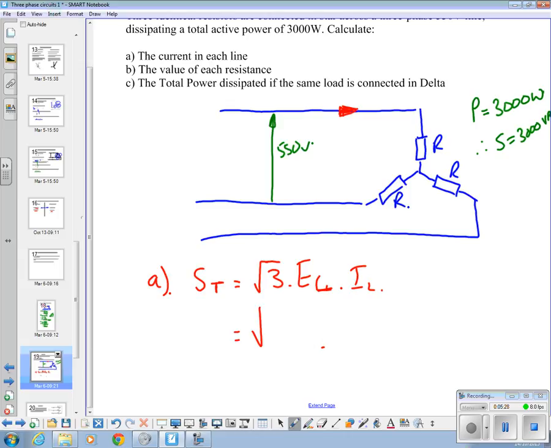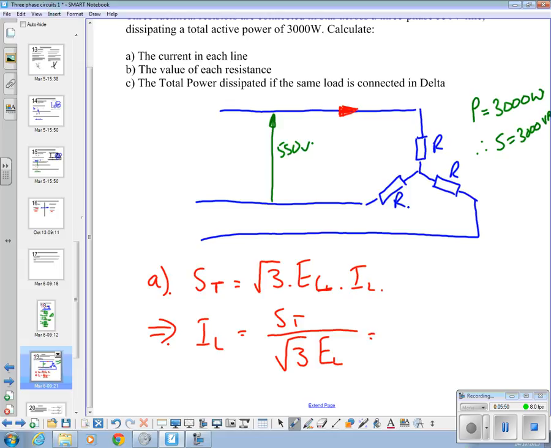Which is root 3 times 550. Oh, hang on, we want to rearrange it, don't we? That rearranges to IL equals ST over root 3 EL.